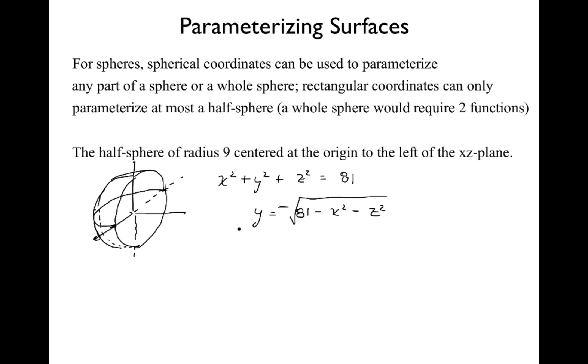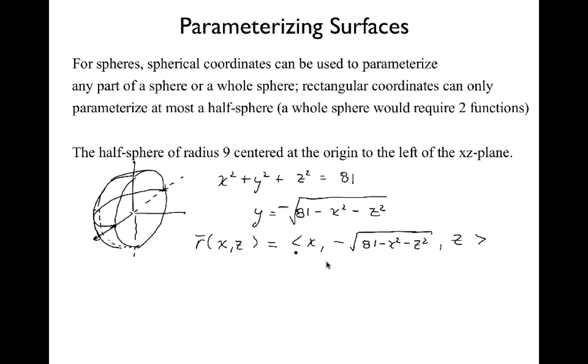So in rectangular coordinates then, what would our two parameters be? You should be thinking x and z. So that would be in rectangular coordinates. And we could say y is less than 0, but actually this kind of takes care of it.